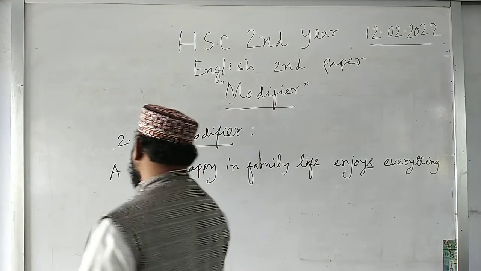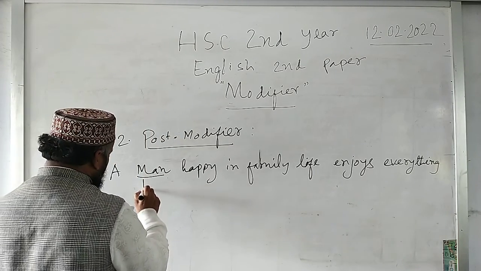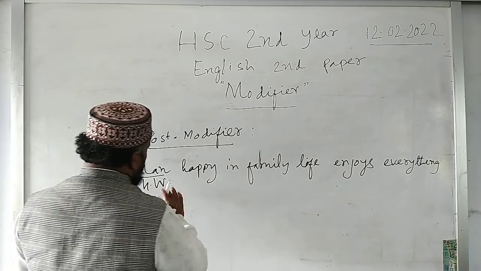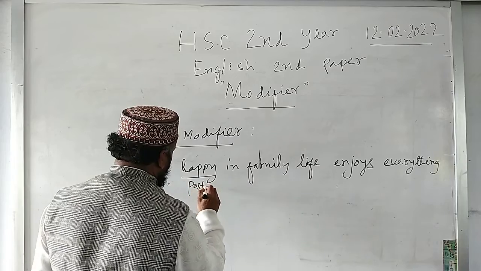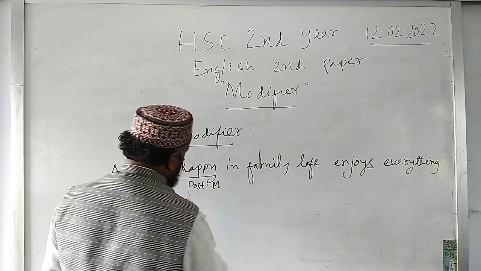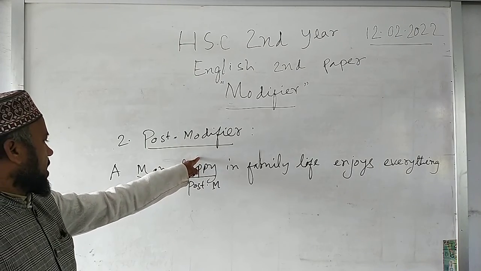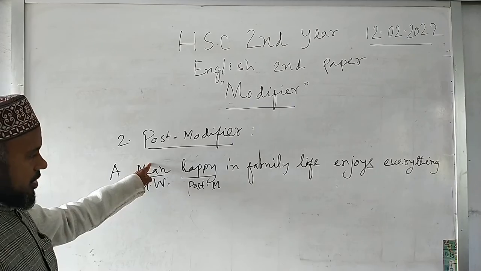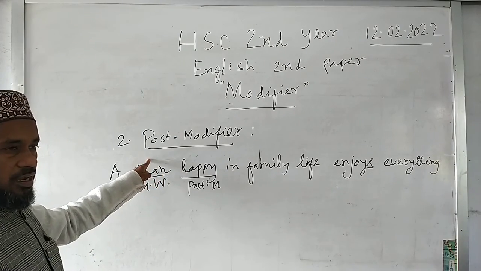Look at this example. Man is the head word here, HW, and happy is the post-modifier. Because this word happy has modified the man. Happy has added a dimension to the word man.